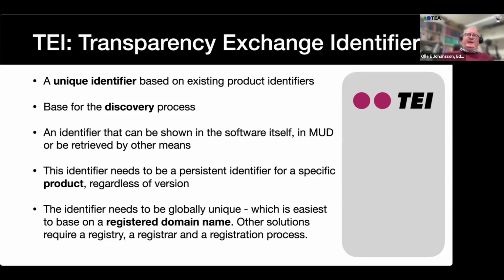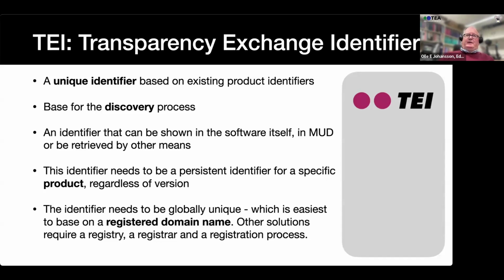We said we need an identifier that is more or less the same for everyone, but includes existing product identifiers, and it's based on a namespace system that we all know, the domain name system. That way we can easily get an identifier out in the market and get it into usage. And it needs to be persistent for a specific product, regardless of version.